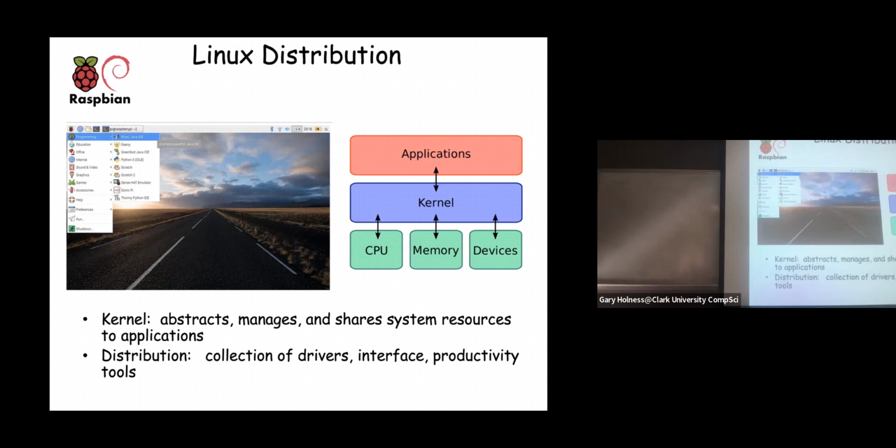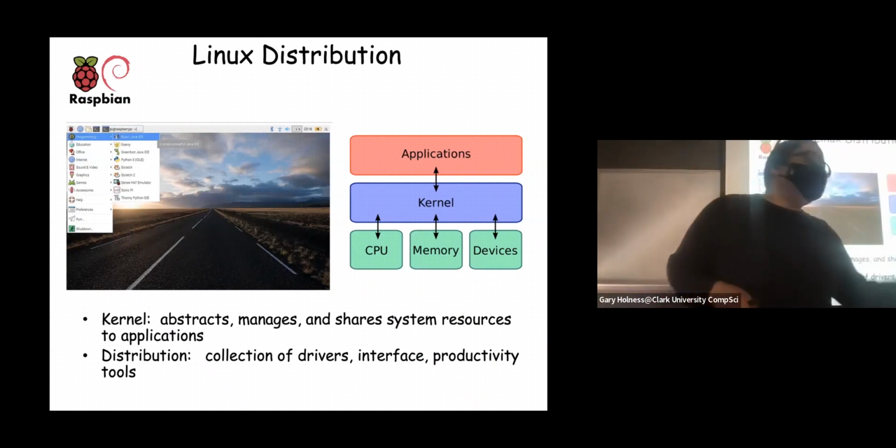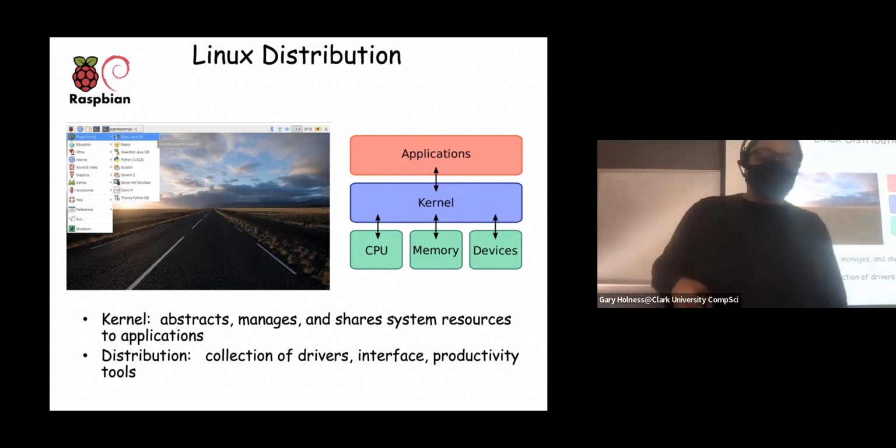Now, the applications sit on top, and these applications can range among a host of things, including making it look nice in the form of a graphical interface, as well as certain productivity tools like IDEs, word processors, video conferencing programs, and things like that.